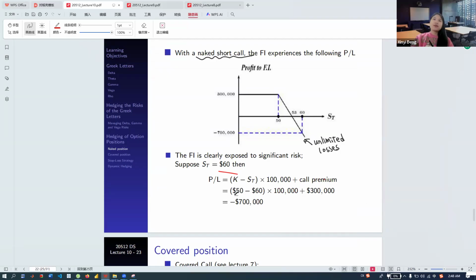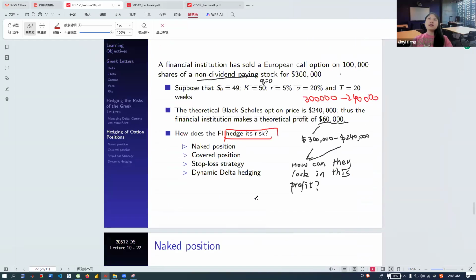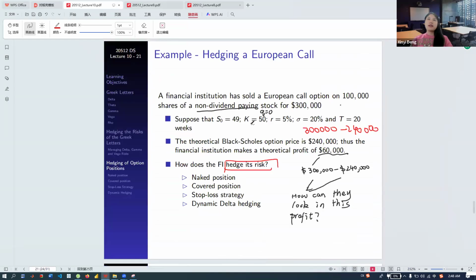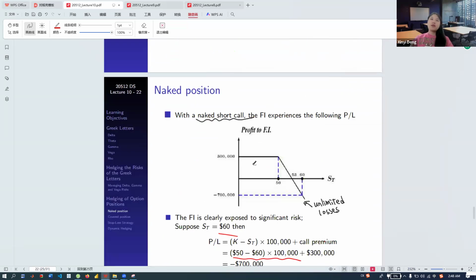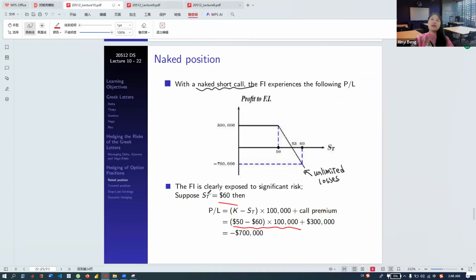For the first term, the strike price is 50, so 50 minus 60, the stock price we assumed at maturity, times the number of shares associated with our option portfolio, which is 100,000 shares.